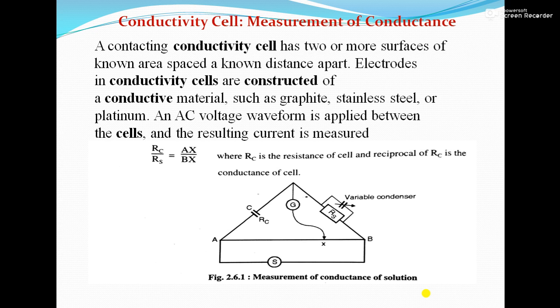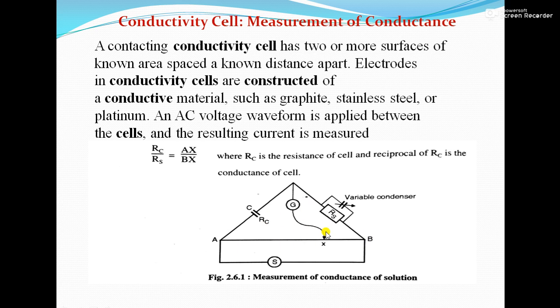The next is the conductivity cell. You can see here, this is the second apparatus for measuring the conductance. S is the source, C is the resistance of the cell, a galvanometer is there, and RS is the shunt resistance. So you can see RC upon RS is equal to AX upon BX.